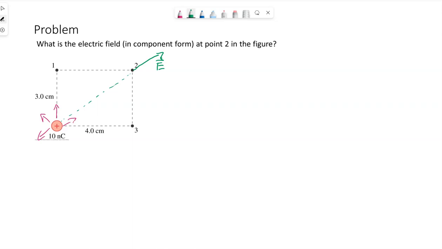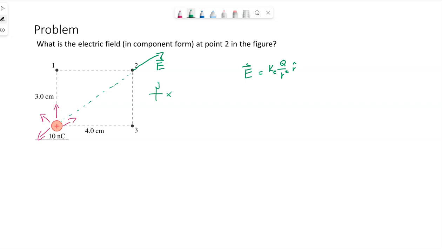Okay, the equation to calculate electric field due to a point charge is kq over r squared, and then r hat is representing the direction that it points radially away. We will want to put that in terms of x and y components, though, in terms of a coordinate system that we would be using.